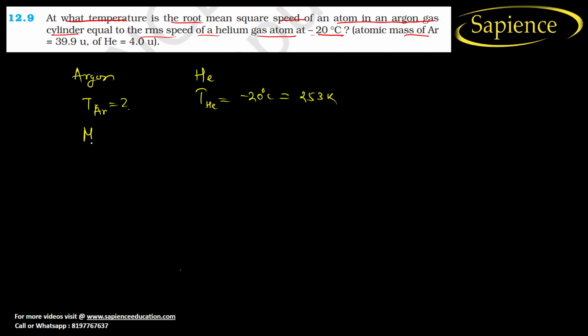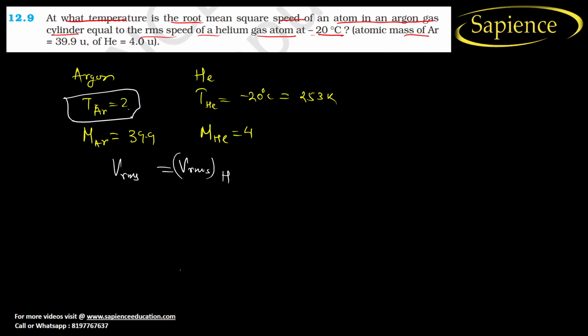The molecular mass of the argon is 39.9, and the molecular mass of the helium is 4 u. They are asking at what temperature of the argon the Vrms of the argon will be equal to the Vrms of the helium. So we need to equate both.